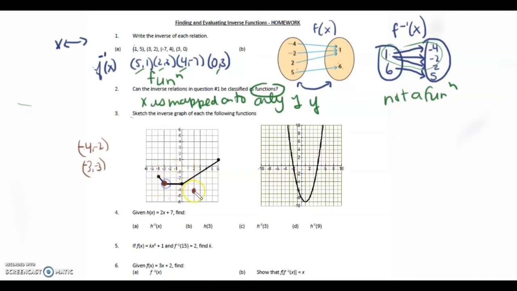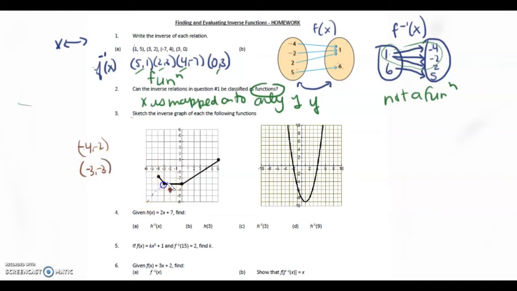Oh, I see what I did wrong. Sorry, negative 2, negative 4 is here. That looks better.